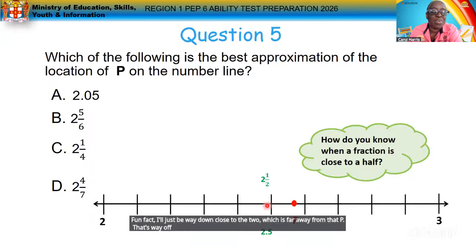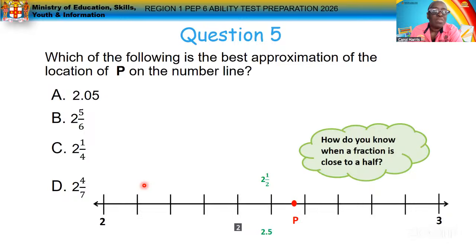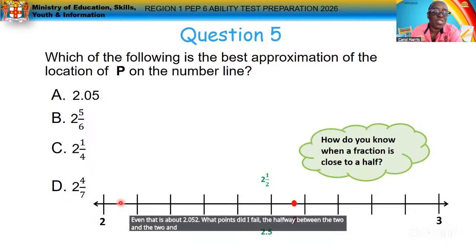I quite agree with that. All the way down close to the 2, very close to the 2. Even that is about 2.05. 2.05 will be halfway between the 2 and the 2 1/10. There you go. So it's way down close to the 2.